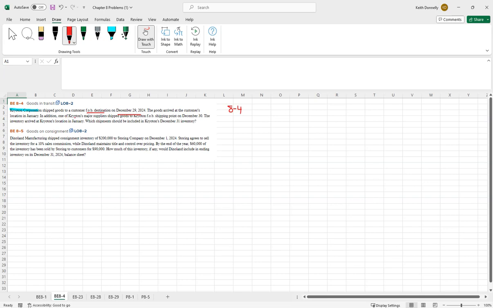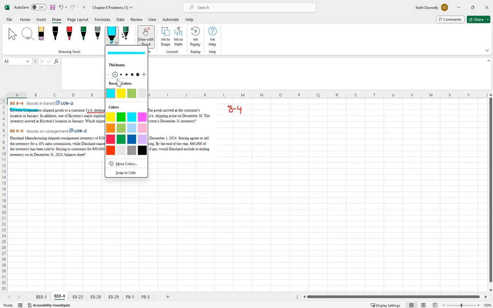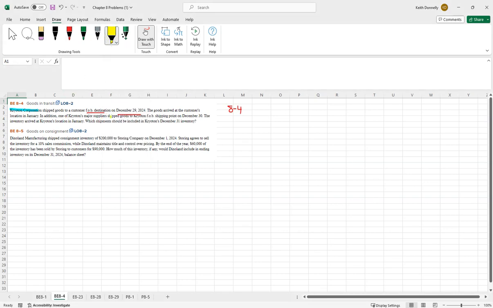In addition, one of their major suppliers shipped goods to them, FOB shipping point on December 30th. It looks like that arrived in January. They want to know, hey, what shipments should be included on the December 31st inventory of K company?